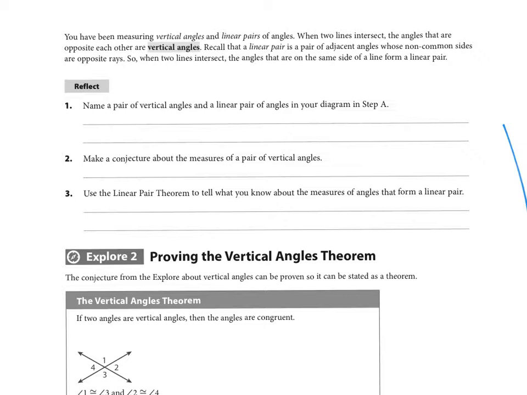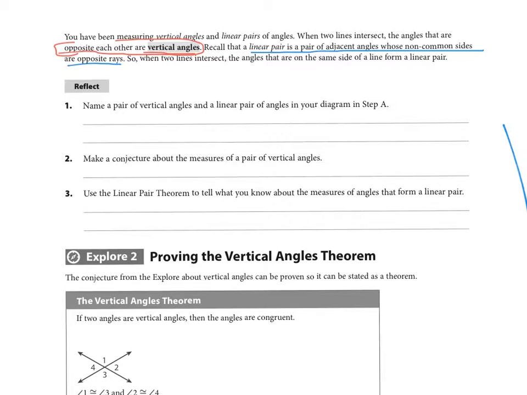So vertical angles, okay, are opposite each other, and they are congruent. A linear pair is a pair of adjacent angles whose non-common sides are opposite rays, and they form a line.